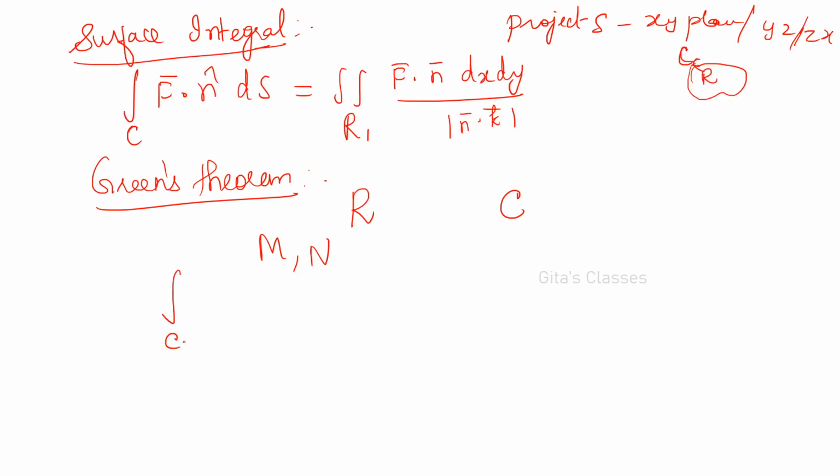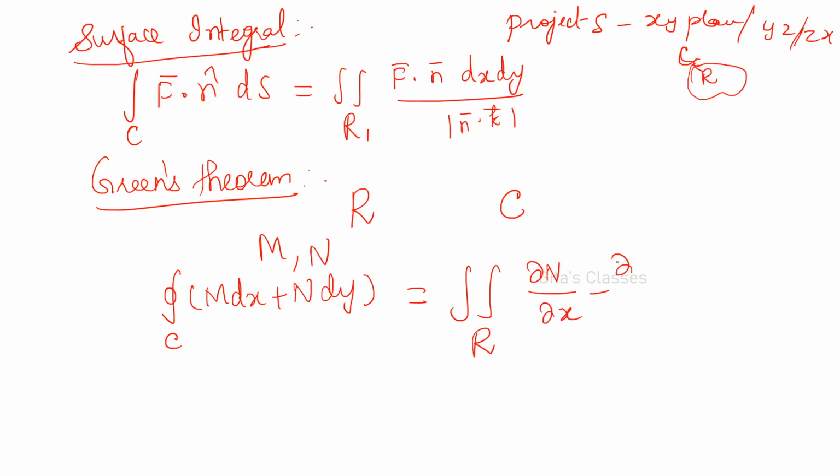Then the integral over C, because this is a closed curve, of M dx plus N dy is equal to the double integral over R of dou N by dou x minus dou M by dou y, dx dy. Always remember, the line integral, you should always take it in the anti-clockwise direction.